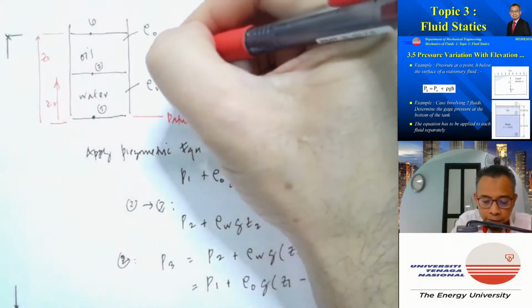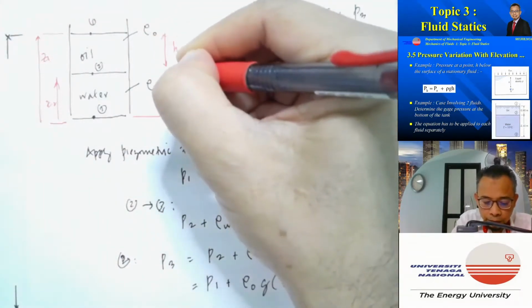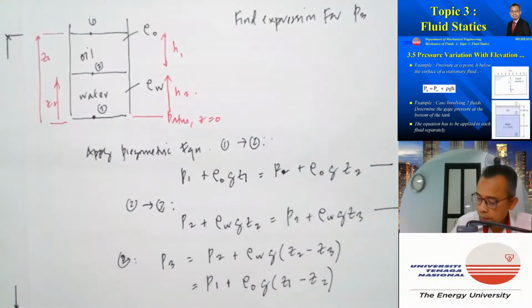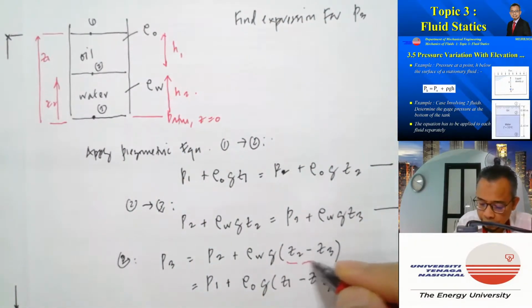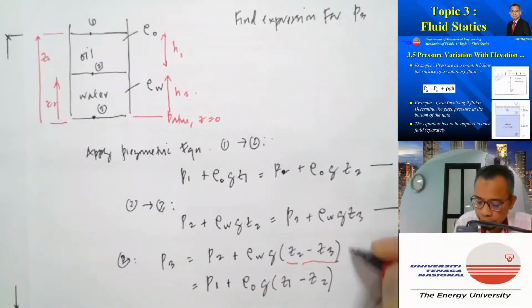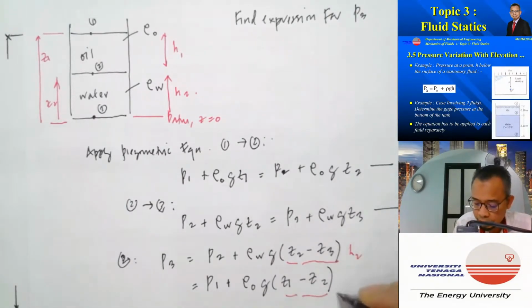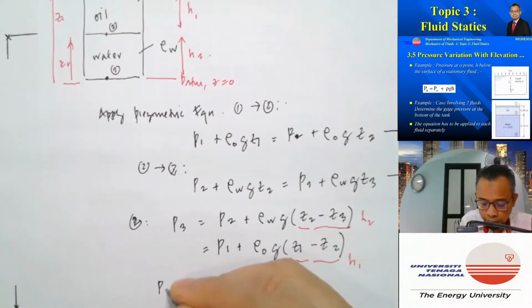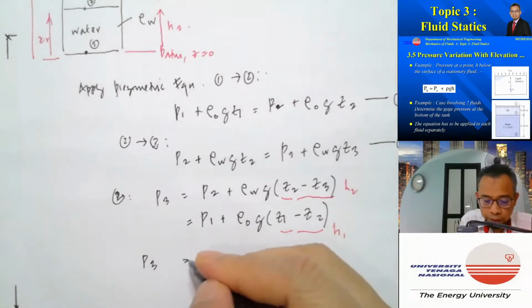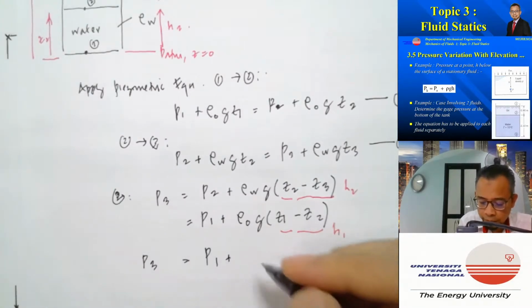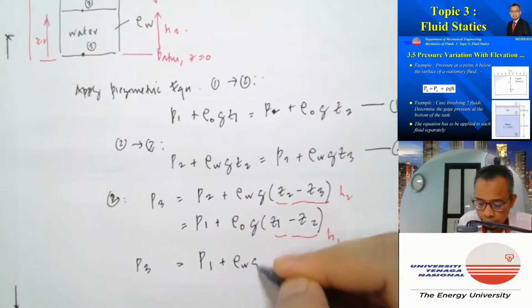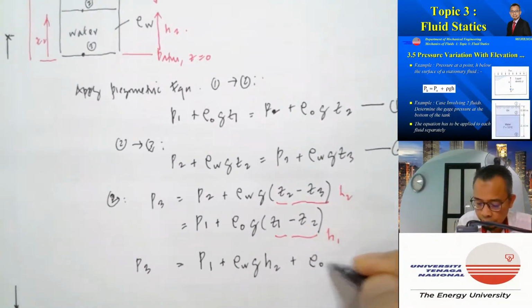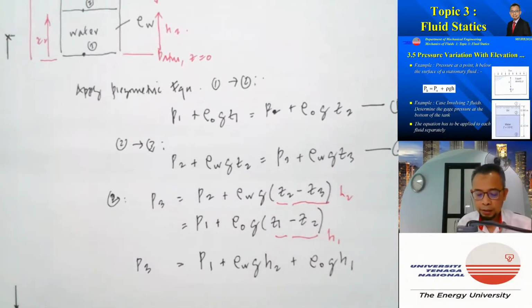Let's say Z2 minus Z3 is equal to H2 and Z1 minus Z2 is equal to H1. So I can write P3 is equal to P1 plus rho water G H2 plus rho oil G H1.